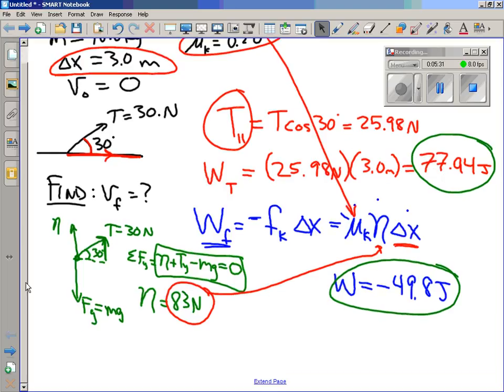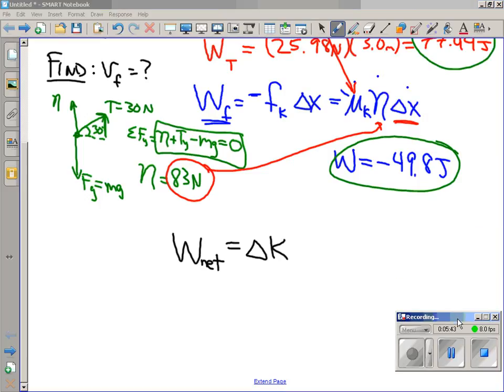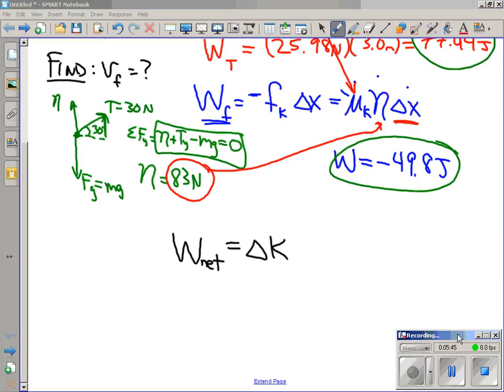Well, the change in kinetic energy is going to be equal. Remember that the net work that is done on an object is equal to its change in kinetic energy. So if I combine those two works, the positive work and the negative work, I end up getting, in the end, a value of 28.14 joules. And so that's the change when you combine those two.